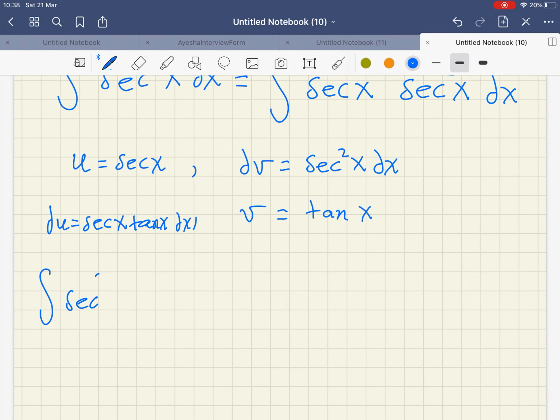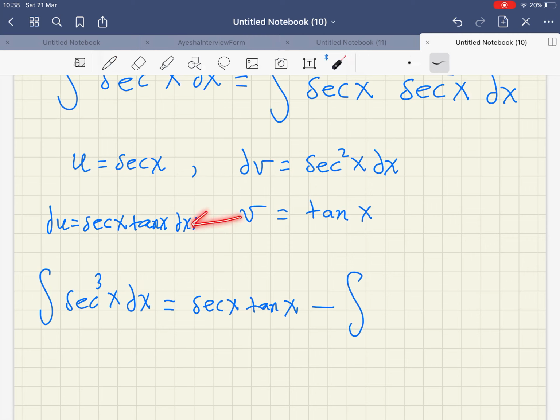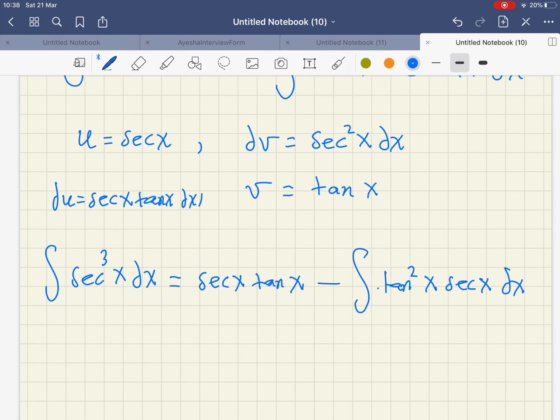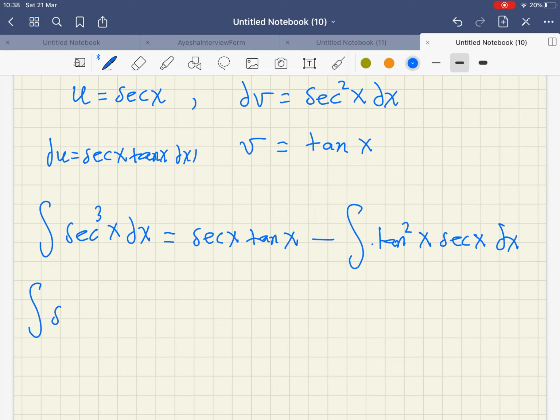So the integral of secant cube x dx will be u times v minus the integral of v du. u times v is secant x tan x minus the integral of tan squared x secant x dx. So far so good.